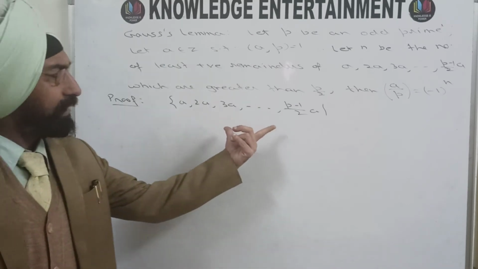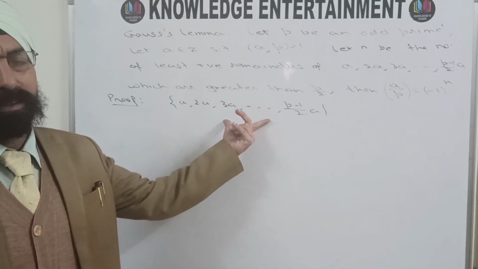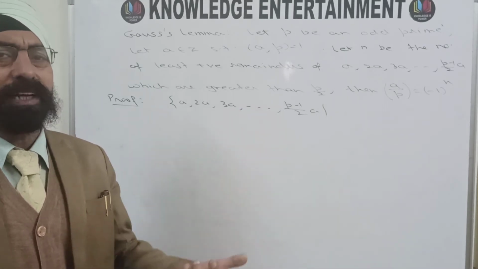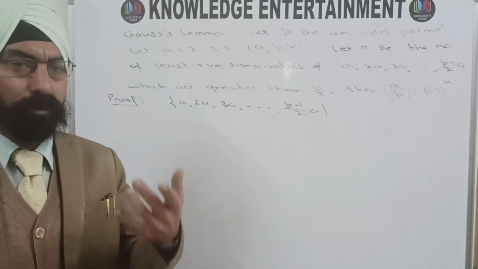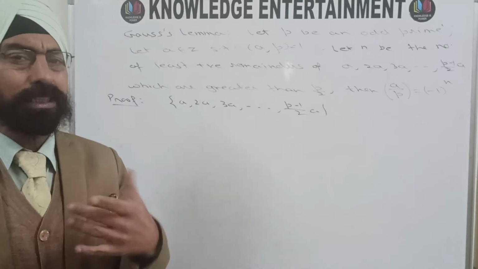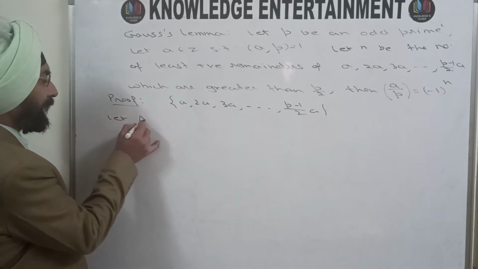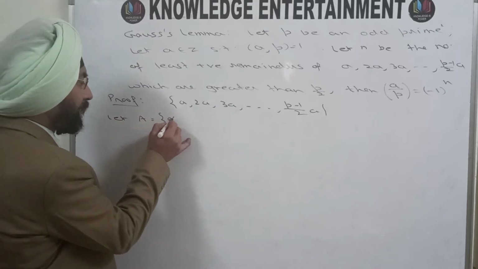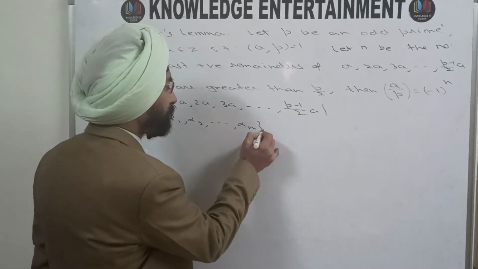Now divide these (P minus 1) by 2 numbers by P, and definitely you will have some remainders. Some of the remainders will be less than P by 2, some of the remainders will be greater than P by 2. So separate them in two sets. So let A be the set alpha 1, alpha 2 and so on alpha m.